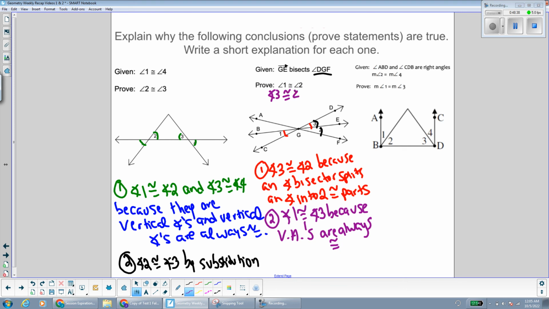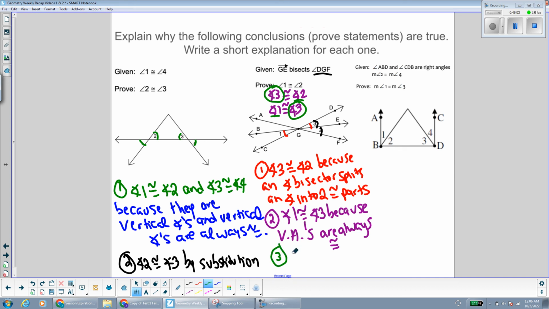That was our first conclusion. Angle 1 is congruent to angle 3. That was our second conclusion. Since angle 2 and angle 1 are both congruent to the same third angle, angle 3, that means they have to be congruent to each other.